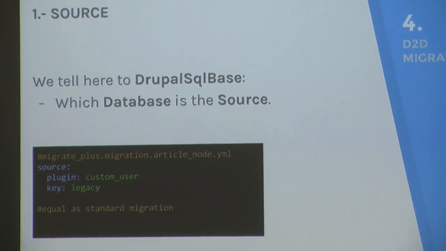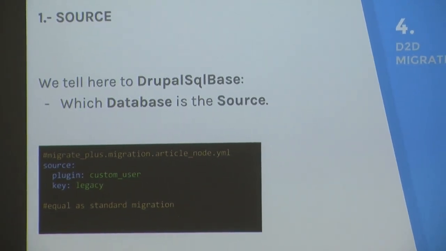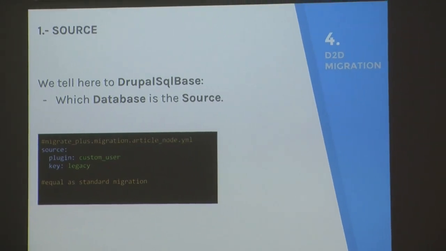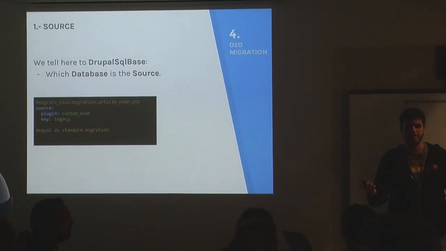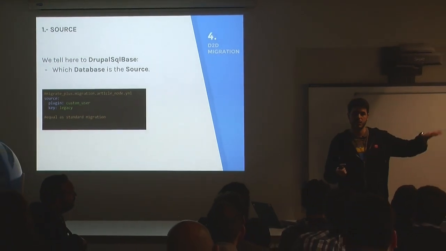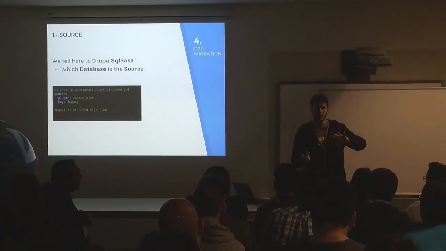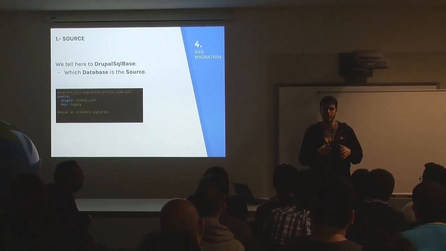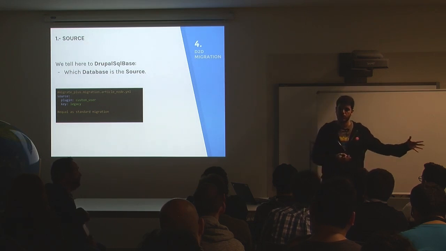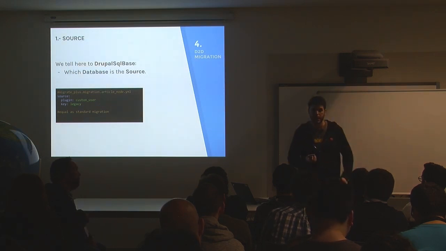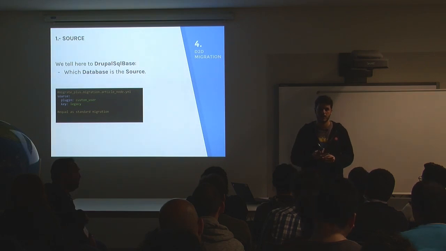Because they rewrote the migration core to use the derivative plugins. They have their own code to deal with this configuration, and we're trying to use the derivative plugins in core. Okay, but still in experimentation.